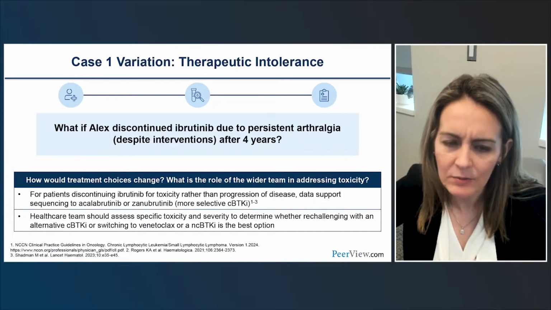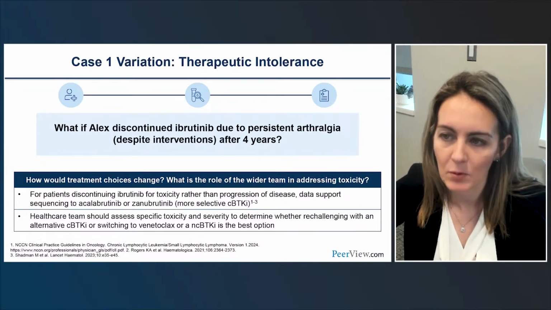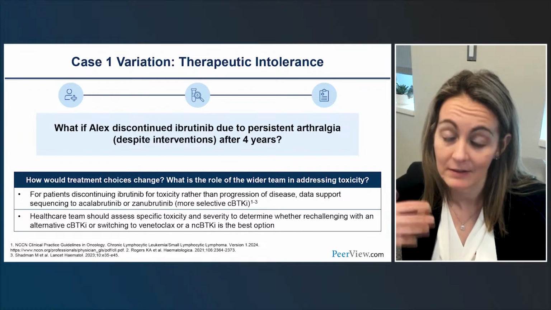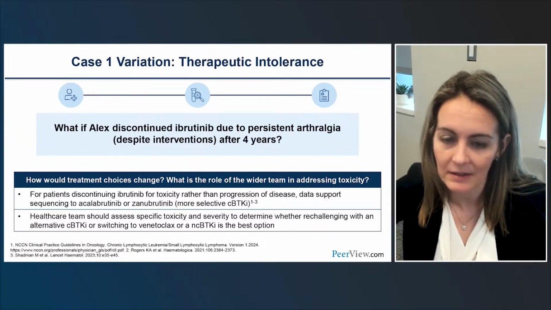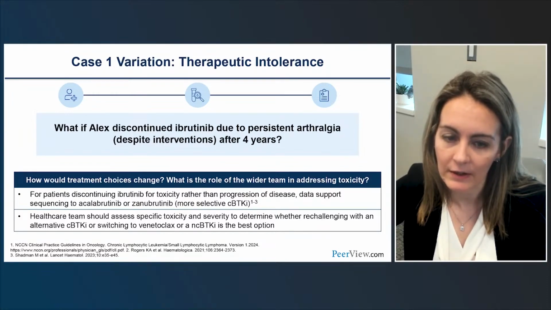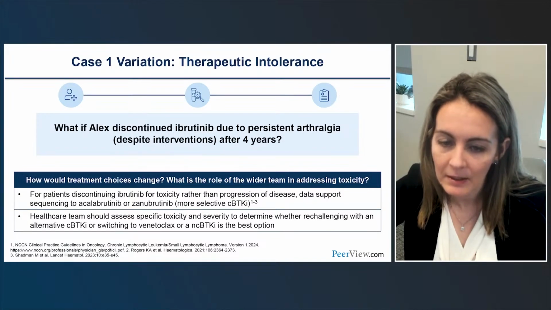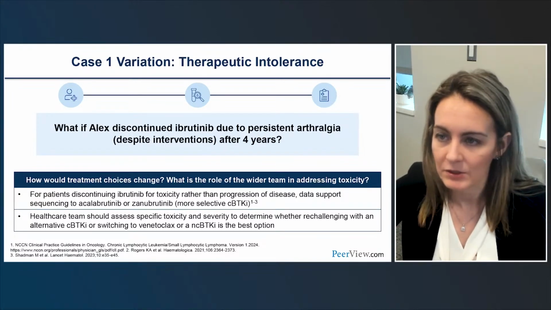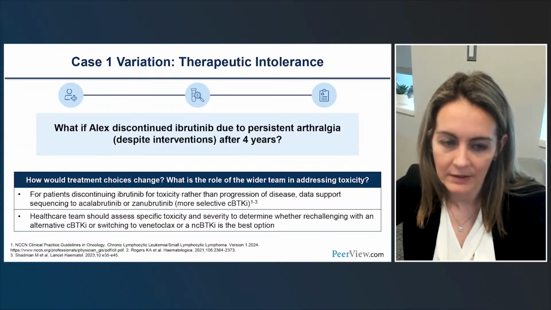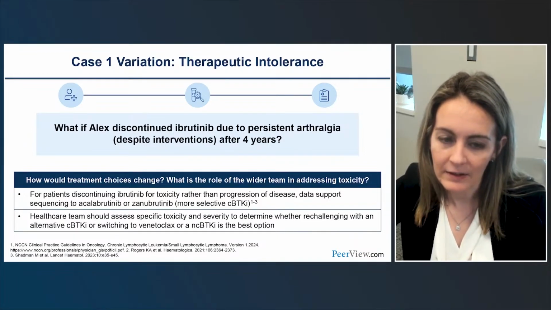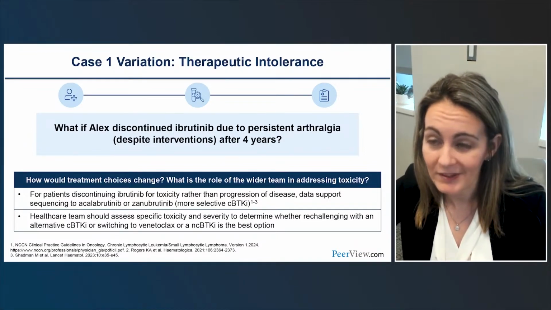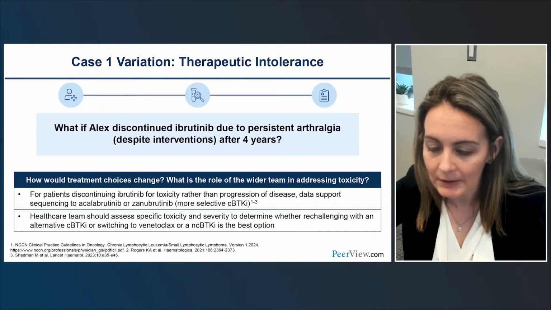And so we do have data to support switch if the discontinuation is for toxicity to another covalent BTK inhibitor, so either acalabrutinib or zanubrutinib, rather than switching classes of therapies altogether. I think the role of the team is really important here.